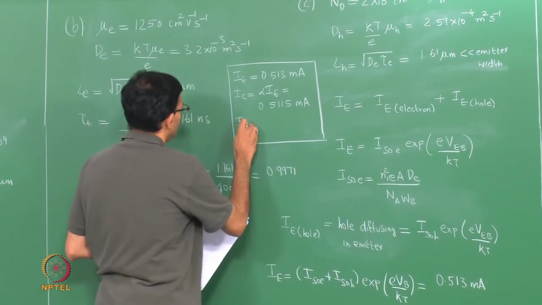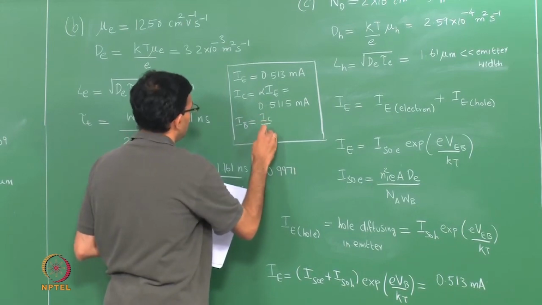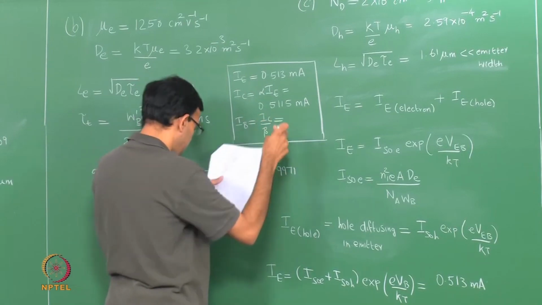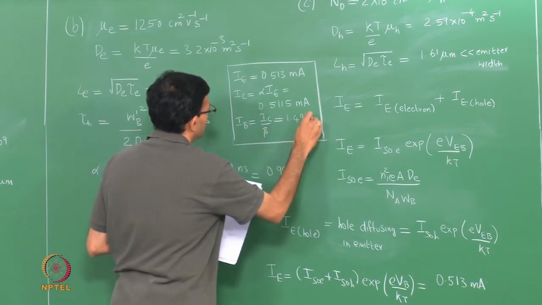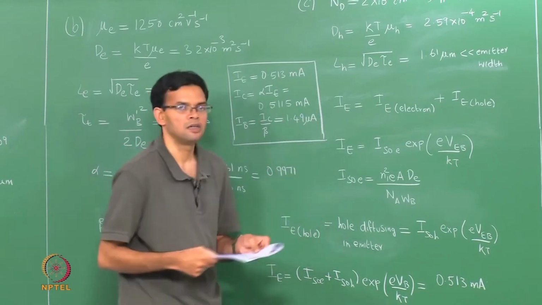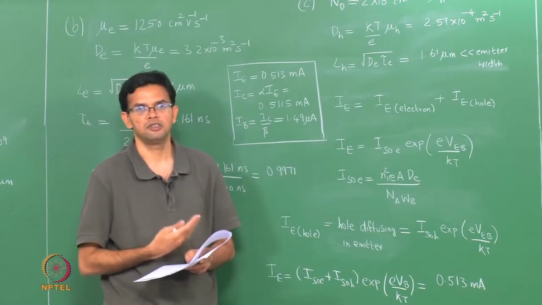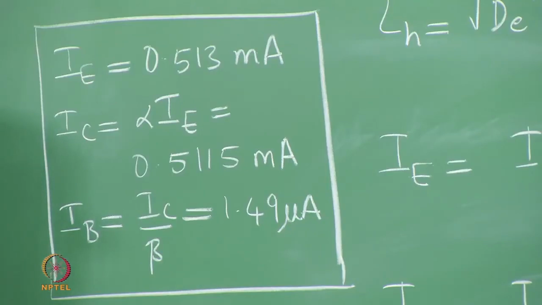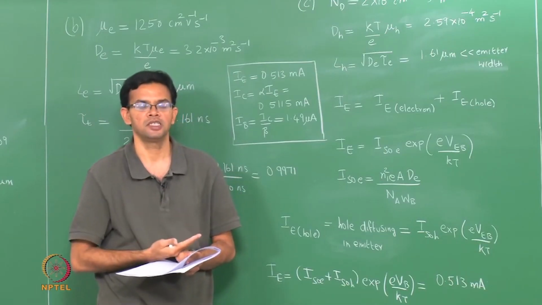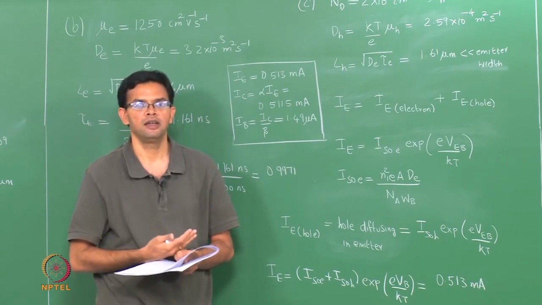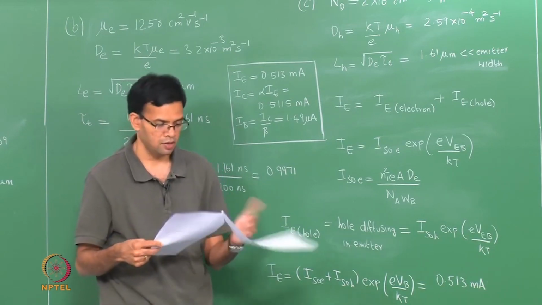So, that IB is nothing but IC over your current gain beta, which is 1.49 micrometers. So, by again just treating your bipolar junction transistor as a series of two p-n junctions, one in forward and one in reverse, you can essentially go ahead and calculate all the current and the voltage parameters.